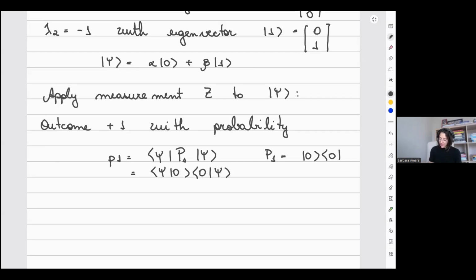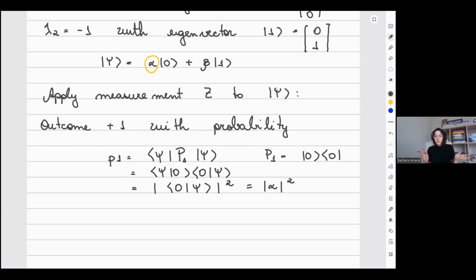These numbers are one the conjugate of the other, so this is the same thing as modulus of 0 psi squared. The inner product of the vector with 0, because this is an orthonormal basis, is just the coefficient in front of alpha, in front of 0. So this is modulus of alpha squared.